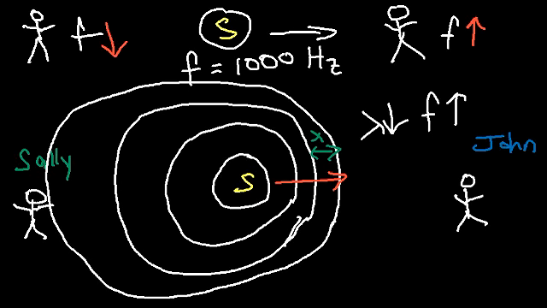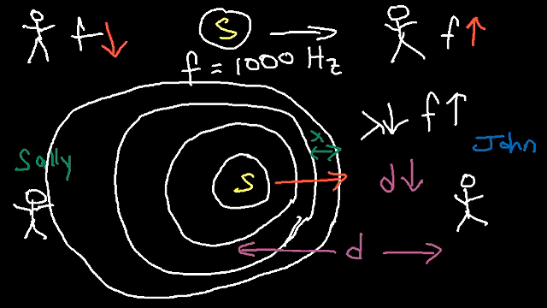The reason why the wavelength is decreasing is because, think of the distance between the source and John. As the source moves towards John, is the distance between them increasing or decreasing? Notice that the distance between the source and John is decreasing as the source moves towards John. And therefore, if the distance decreases, the wavelength will decrease because they both share the same unit, meters.